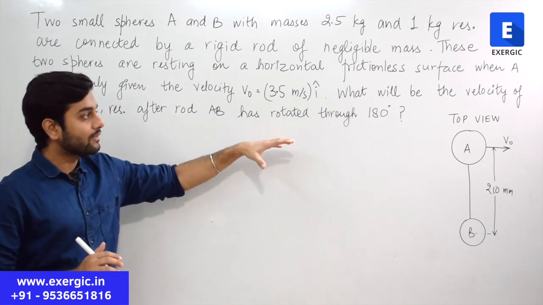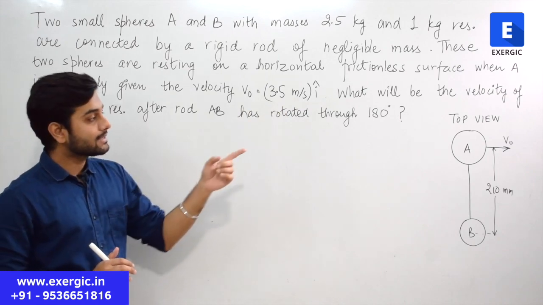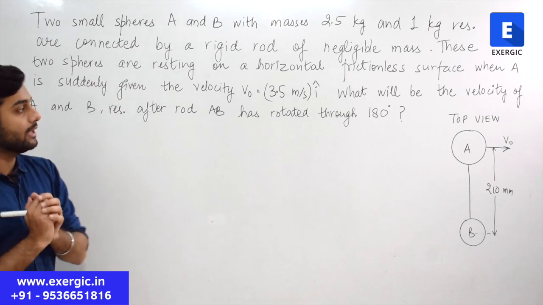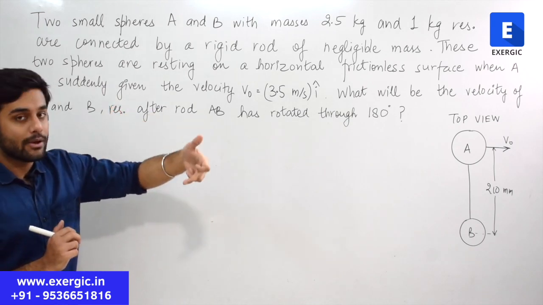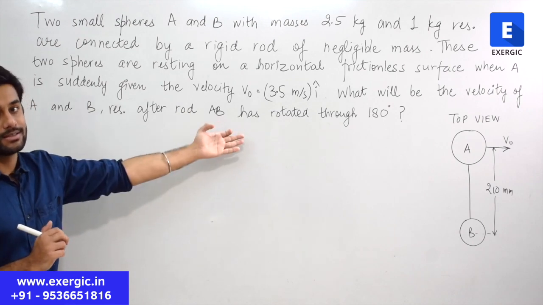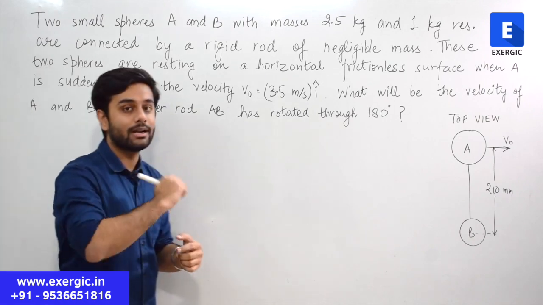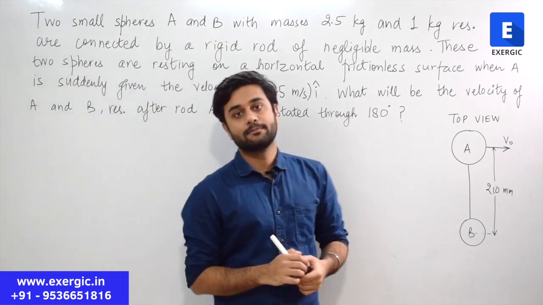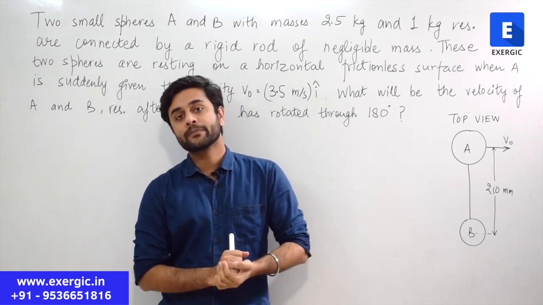So try to solve this question. The last line is very important to understand: as a result of this velocity, what is happening? A and B are getting rotated by 180 degrees. That's why it is asking you the velocity of A and B after rod AB has rotated 180 degrees. Solve it, and let me explain it to you if you are unable to solve it.